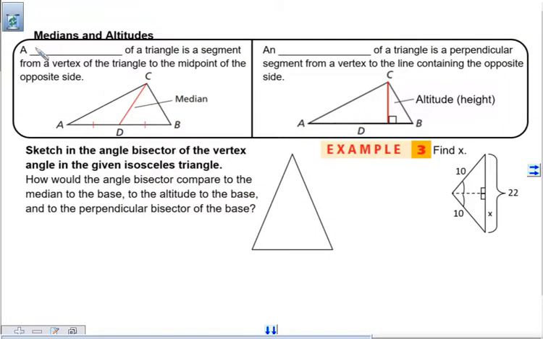Next up, medians are another kind of line that go through a triangle. Now a median has to go to the vertex and it has to go to the midpoint of the opposite side, meaning that it's cutting that side in half.